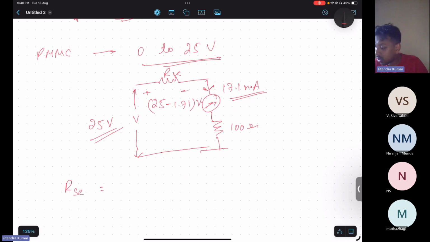That is 25 minus 1.71 divided by 17.1 milliamp, and it should be how much? 25 minus 1.7 divided by 17.1.